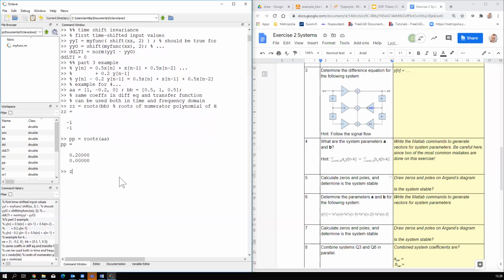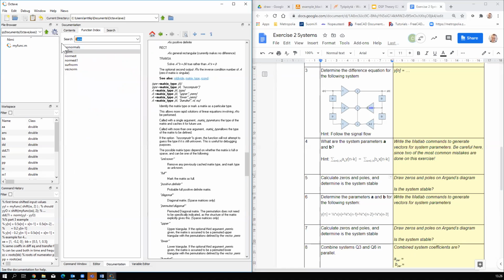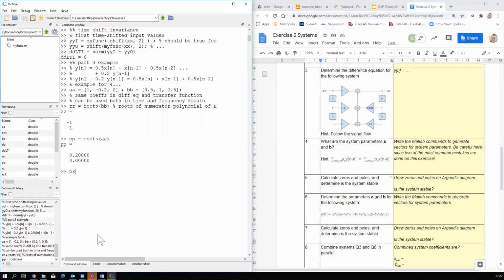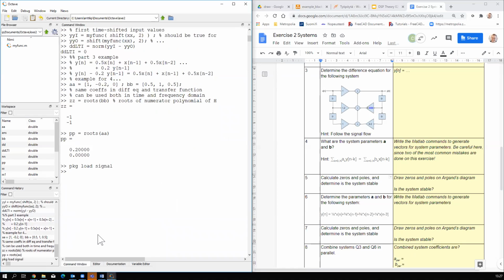I think, let me see if I get the error message here. Z-plane... or wait a minute, let's take the documentation, Z-plane. Cannot find it, so it means that I have to load signal and control.